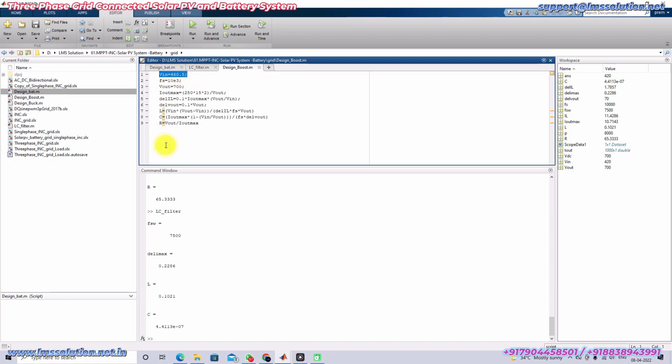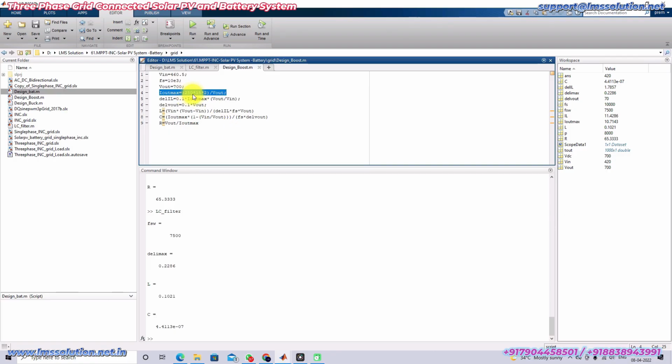Here we consider the PV panel voltage as 460.5, and then we need to provide the switching frequency. Switching frequency here we are going to consider 10 kilohertz, and the output voltage or DC bus voltage is 700, and then you have to calculate the maximum output current.